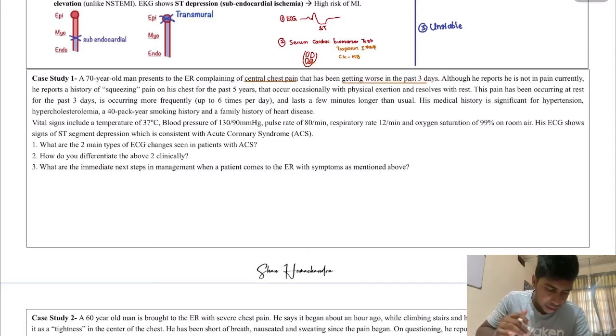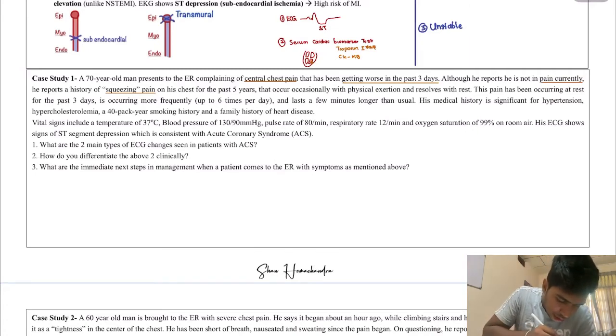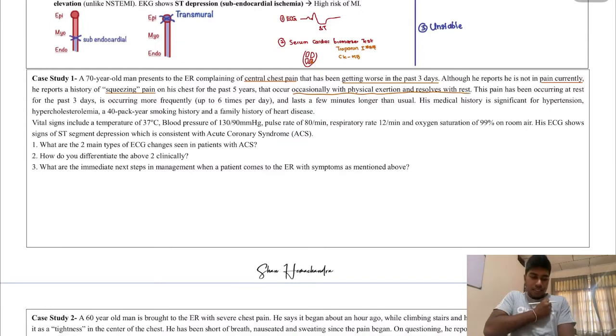So, a 70-year-old man comes to the ER with central chest pain, getting worse in the past 3 days. He reports he's not in pain currently and has a history of squeezing type pain, like someone is squeezing his chest, for the past 5 years, that occurs occasionally with physical exertion and resolves with rest.